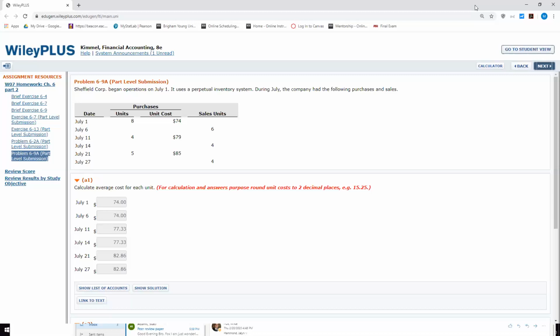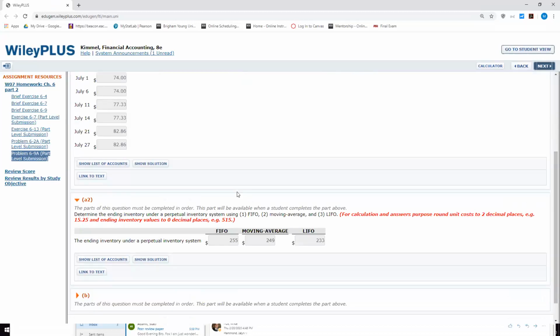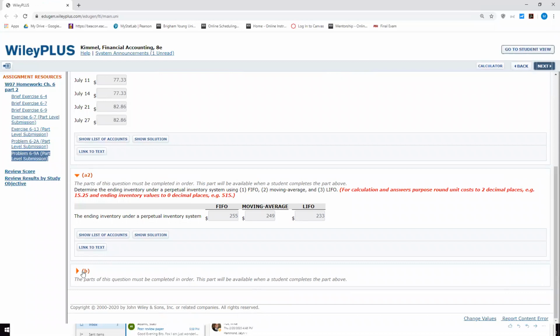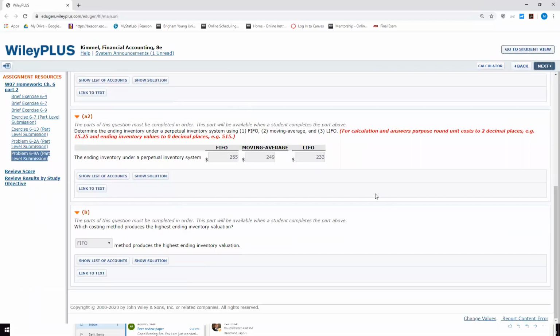I think it was on, if you scroll up, what was the last part of this problem? B is pretty easy if you got A2. I think it was this ending inventory one.